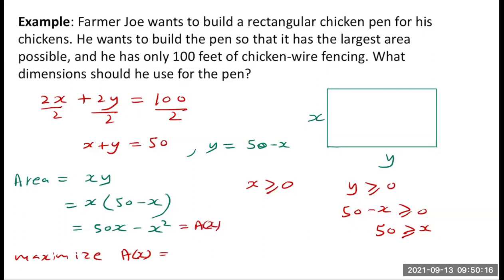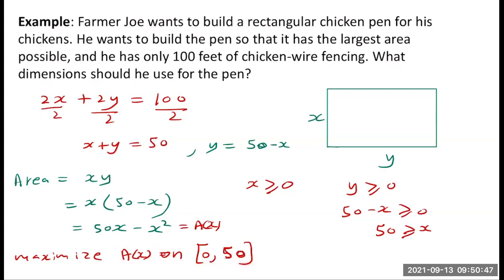Maximize A(x) on the interval [0, 50], closed interval, by the way. Why am I maximizing my A(x) on this closed interval? Because I know that my x is greater than or equal to 0 and my x is less than or equal to 50. That means the interval of maximization is [0, 50]. Okay. On this interval of x values, I'm going to maximize my area function.